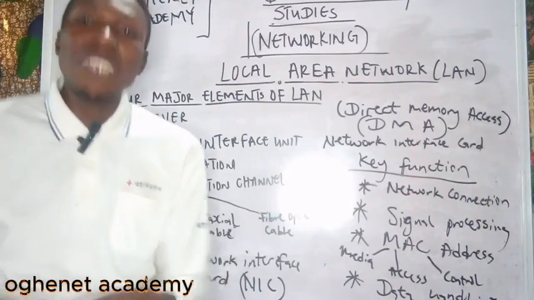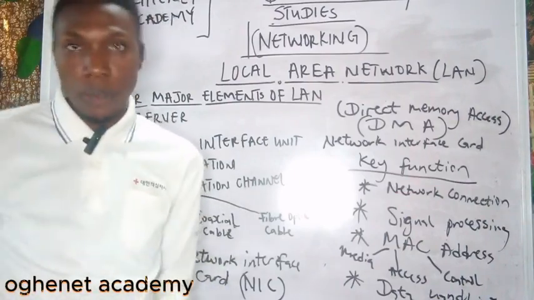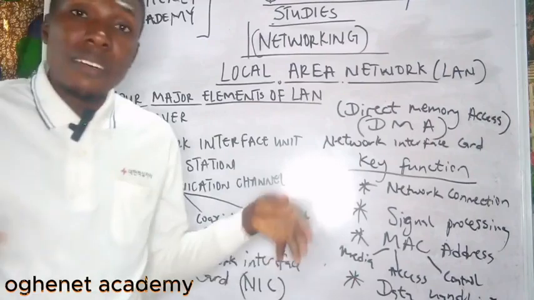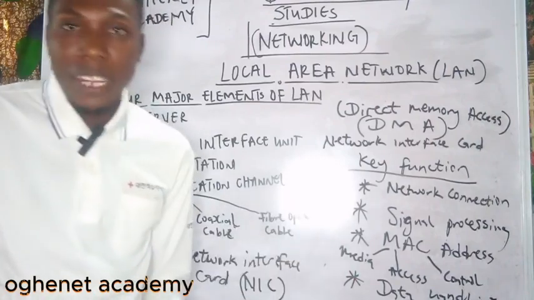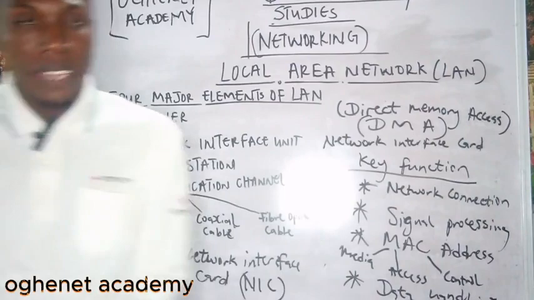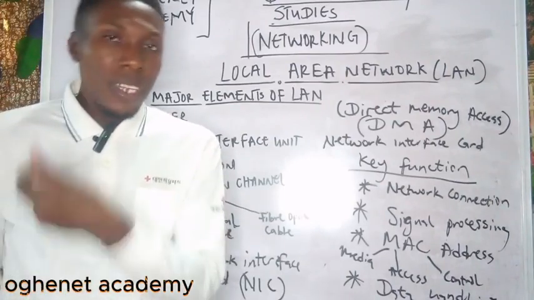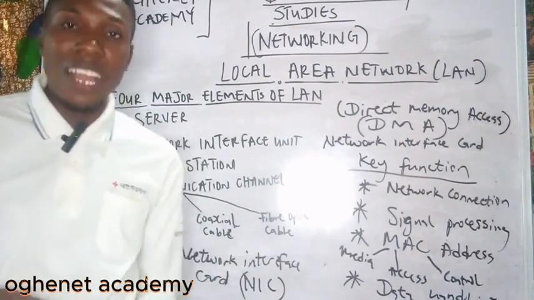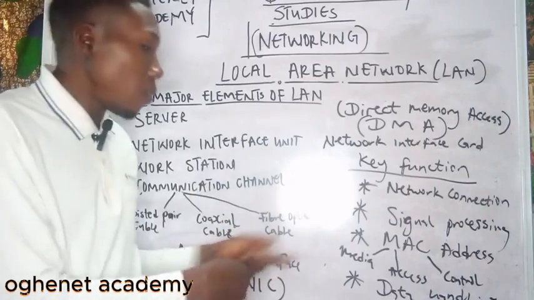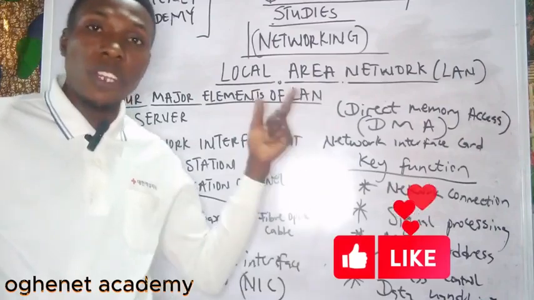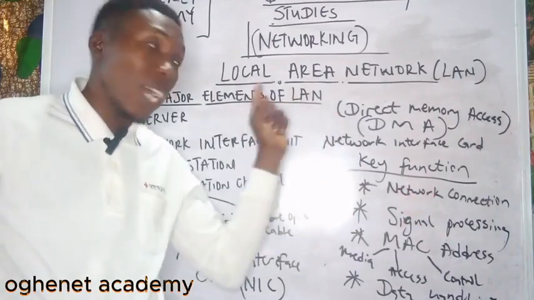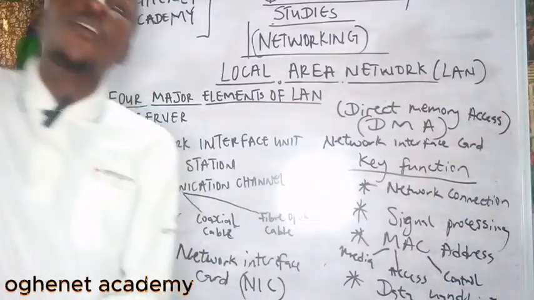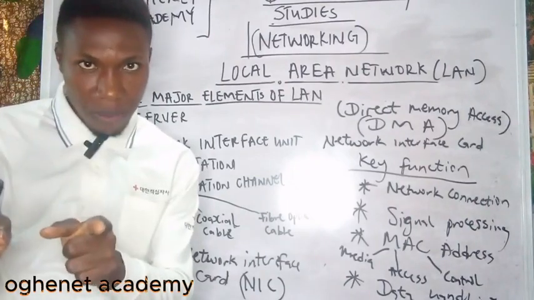But then we also have the external network interface unit. In this case, the network interface card is not in the server. Rather, it is external, outside of the network. In this particular scenario, the network interface card connects the local area network to another network, like the internet.